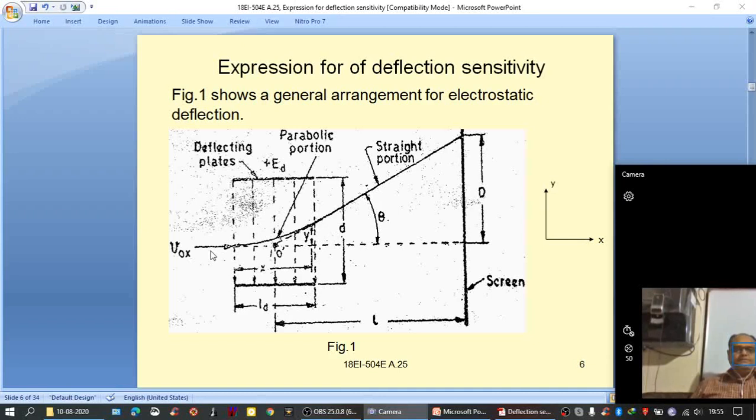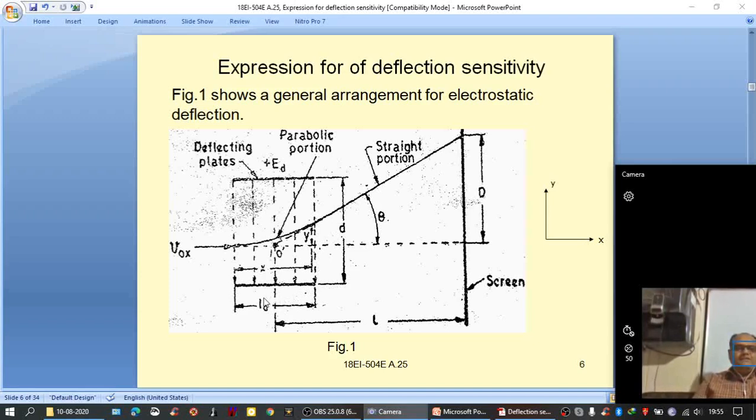All these electrons are allowed to pass through a narrow passage which is coaxial with the CRT axis, and through this narrow passage electron beam will come out, and that electron beam reaches the vertical deflection, passes through the first set of accelerating anodes called pre-accelerating anode, followed by a focusing anode, followed by an accelerating anode.